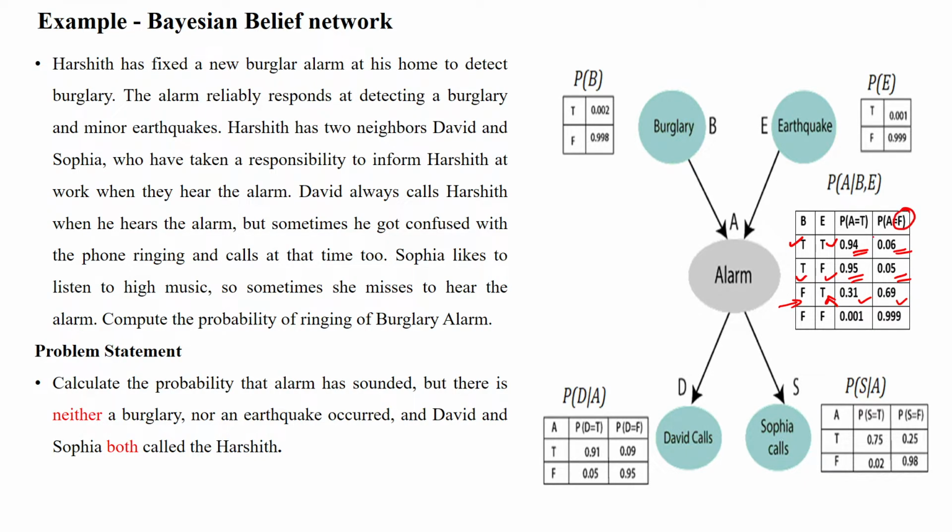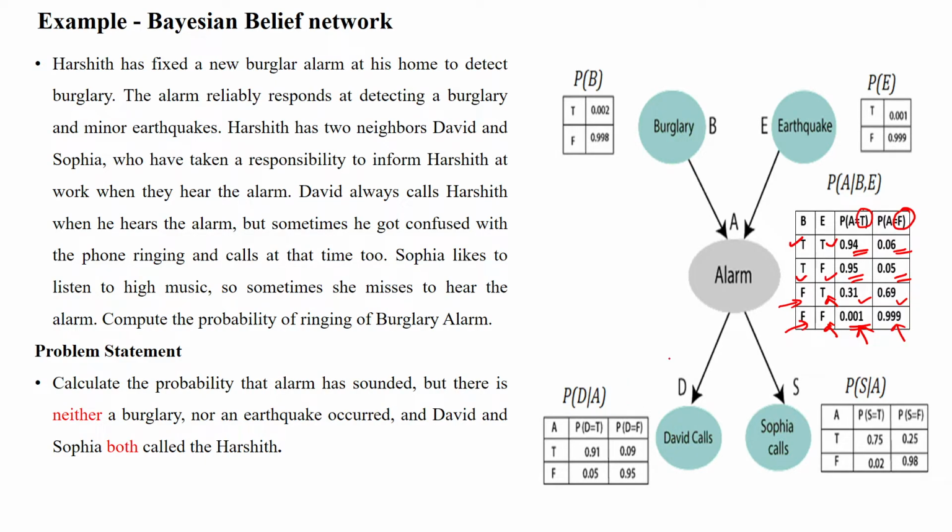So not ringing is false, ringing is true. And when neither the burglary nor the earthquake occurred, in both cases the possibility of the alarm ringing is 0.001, and not ringing is 0.999.